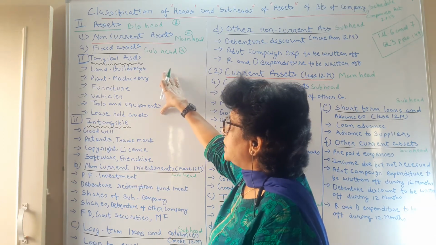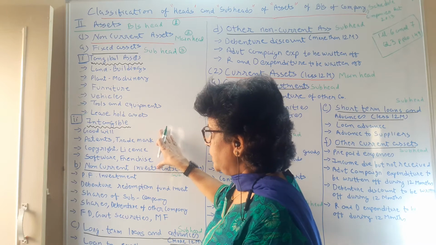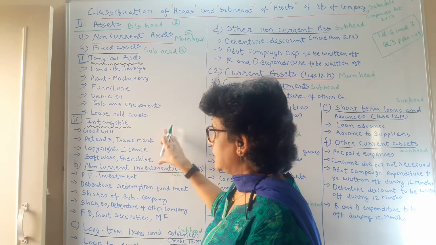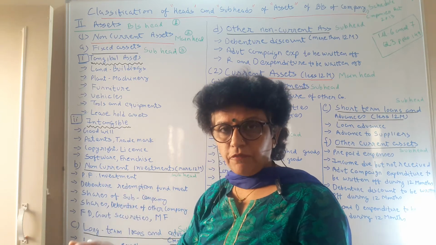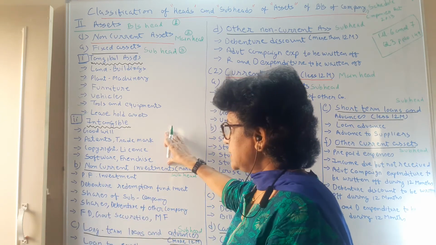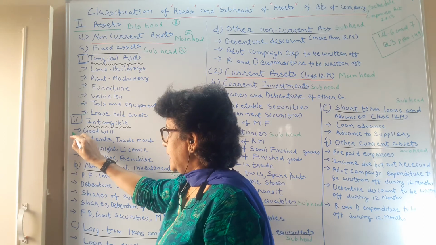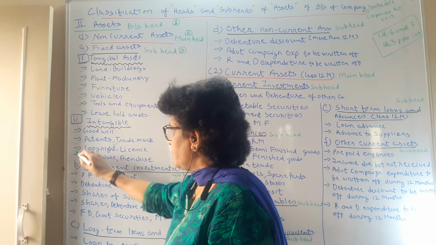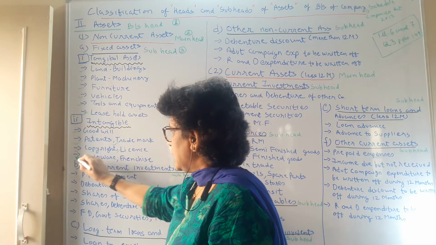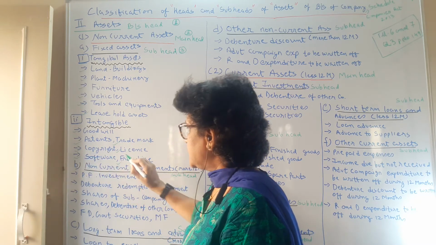These are all called tangible assets. Then you have intangible assets, which cannot be seen with the naked eye and cannot be felt. These are identified as goodwill, patent, trademark, copyright, license, software and franchises.